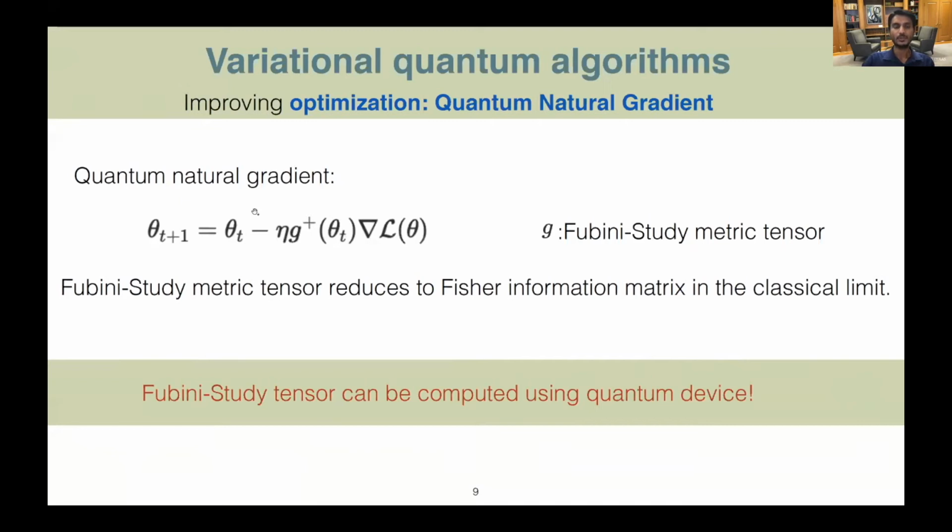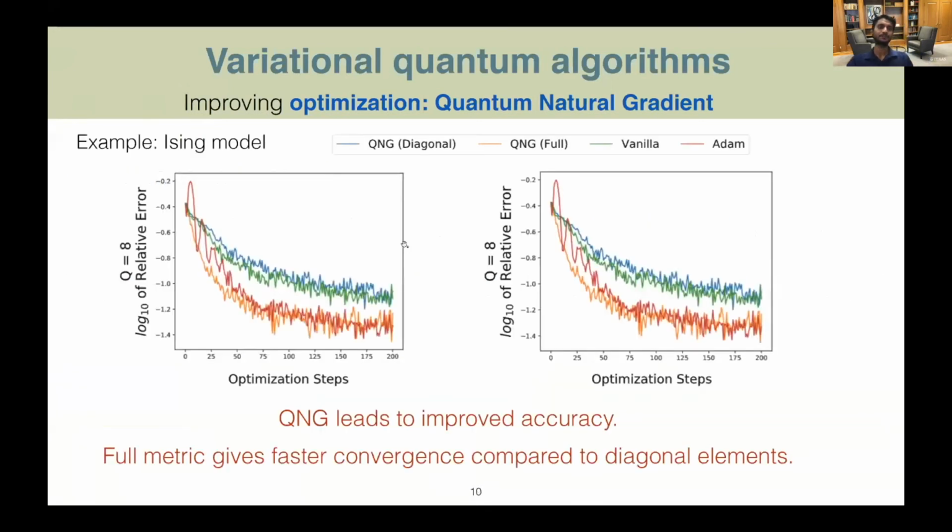I'll just show you one example where we have used the quantum natural gradient method to improve over the vanilla gradient descent method. This is an example of an Ising model. Sorry, these are both the same figures, but that's okay.